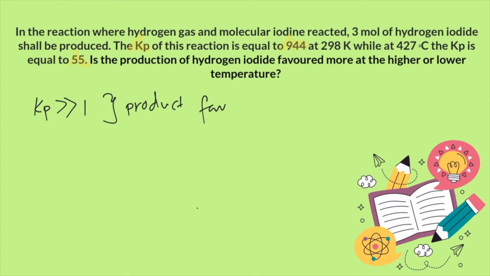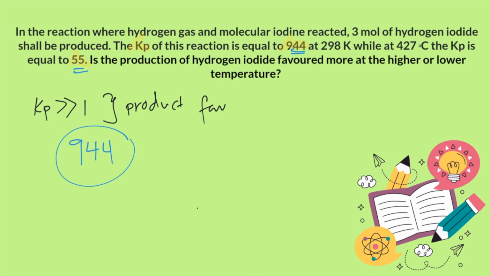So in the question, is the production of hydrogen iodide favored more at higher or lower temperature? You need to compare which one of these has the higher Kp. You have 55 and also 944. Obviously 944 is more product favored, meaning it has a bigger Kp.